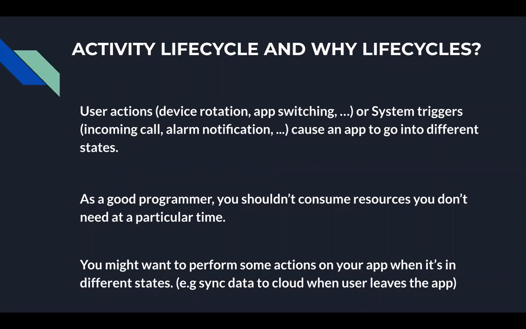You are trying to use Google Maps to locate where the person is, and a call comes in. So instead of the app draining your battery while you have that 2%, onPause is used to pause that action of getting your current location.